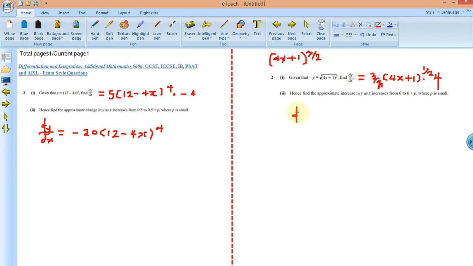Okay, dy/dx, guys, I'm sorry about my handwriting. This will be 4 times 3 over 2, that will give you 6, right? Because 2 here, 2, so that will be 6. So 6 into 4x plus 1.